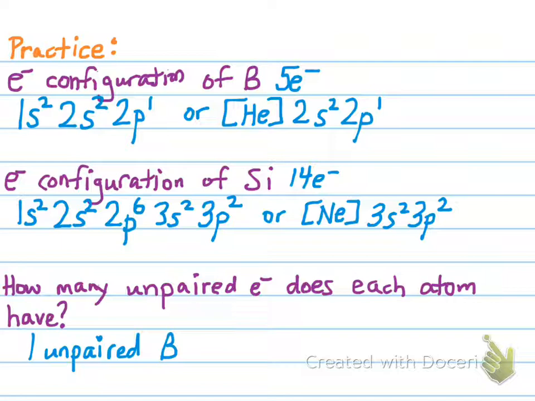So silicon actually has 2 unpaired electrons, okay, in that 3p, because there really would be a 3p, right, with 3 lines, and there'd be 1 electron in each, so that's 2 unpaired electrons. So hopefully you did all right answering those questions.